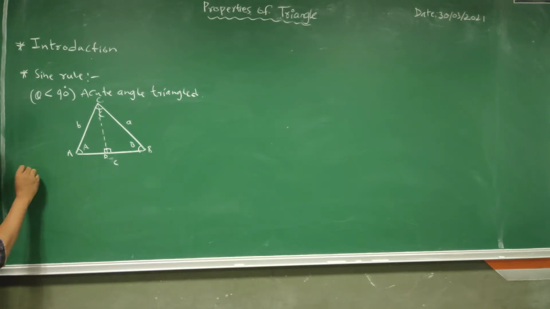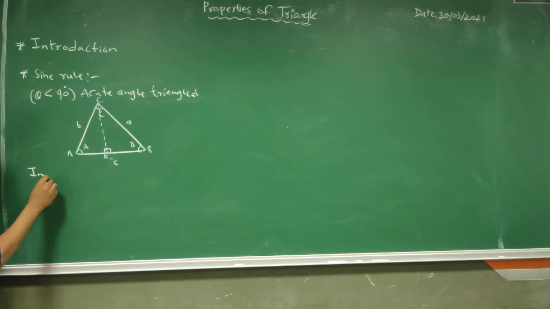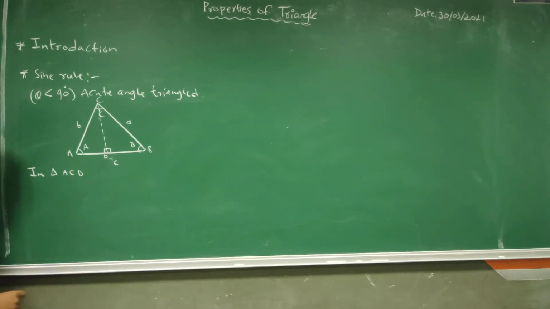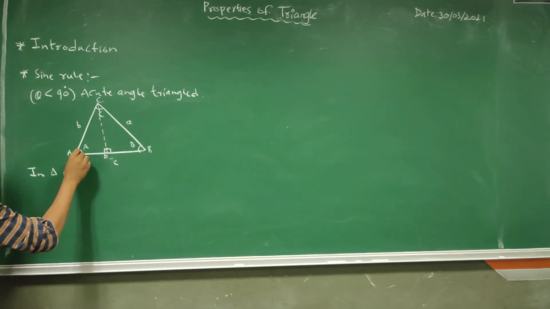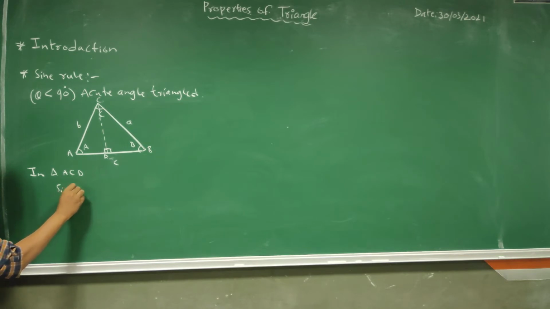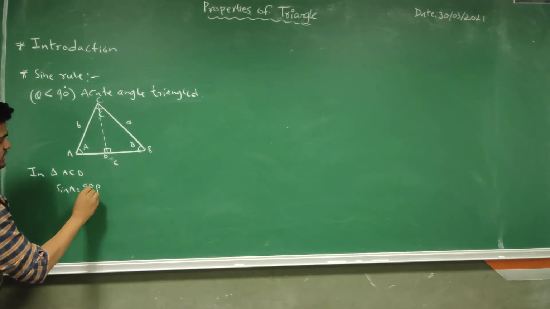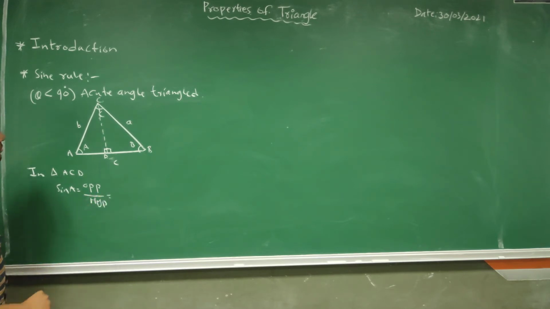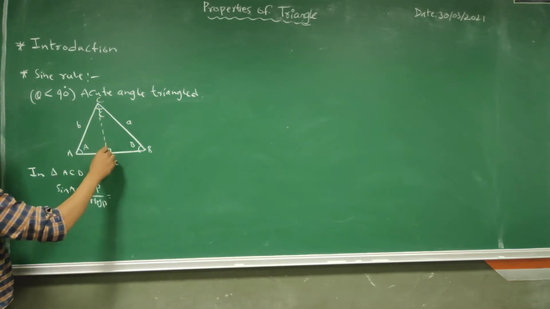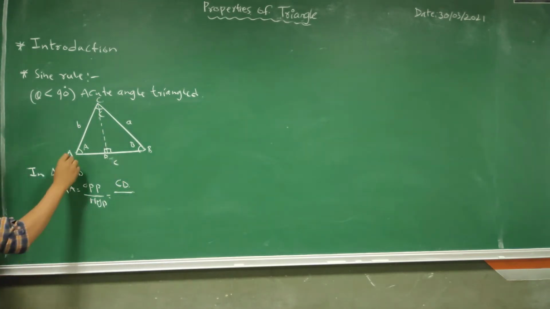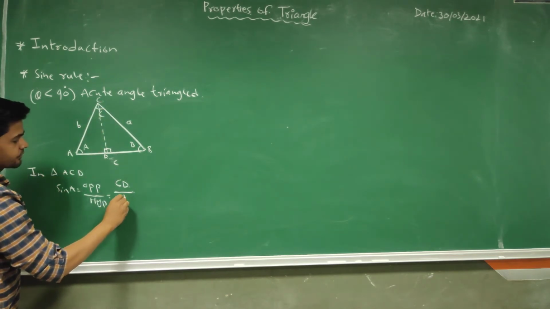So in triangle ACD, if I am applying sine here, I will get sin A is equal to opposite by hypotenuse, and we know opposite is nothing but CD and hypotenuse is nothing but AC.